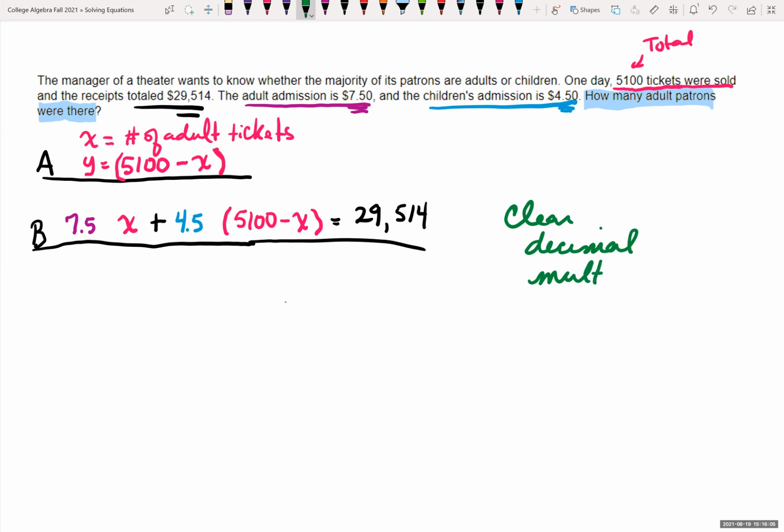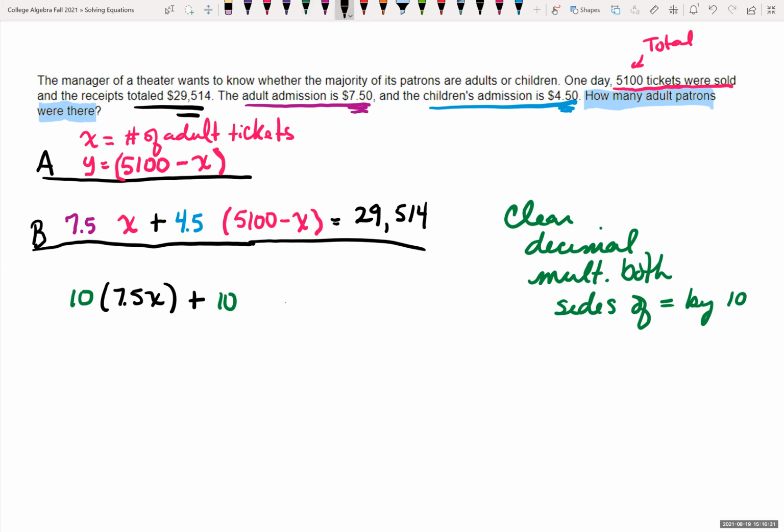Clear decimal: multiply both sides by 10. If I did that, I have 10 times this 7.5X, plus 10 times this 4.5, because it has to be distributed to each grouping, times 5,100 minus X, equals 10 times 29,514.